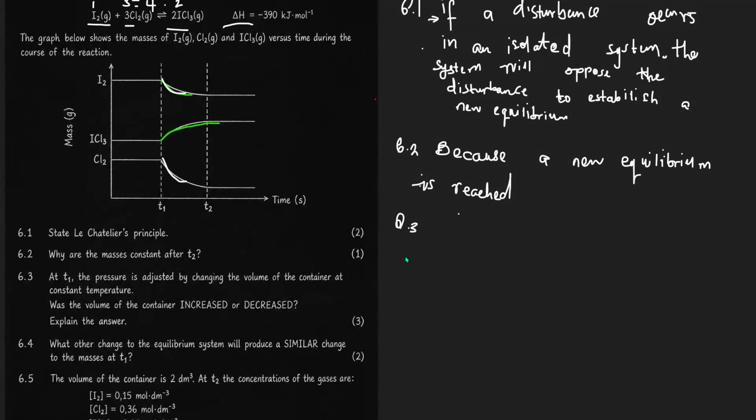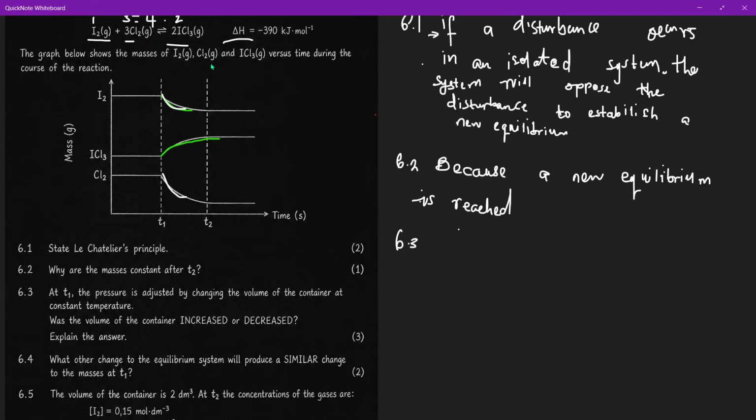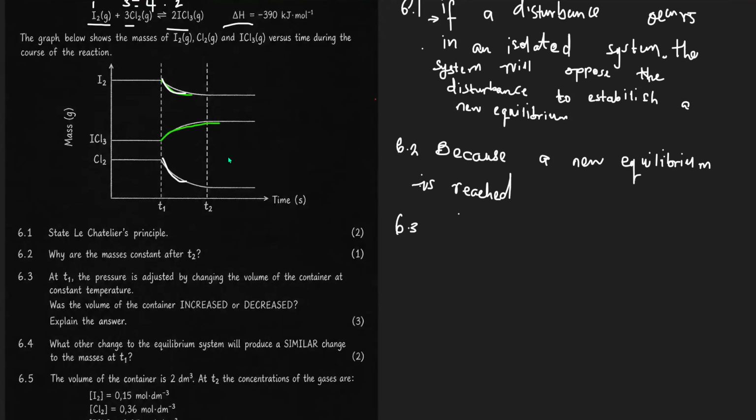6.3, we need to deal with it accurately. So here we know if we're changing the volume of the container, was it increased or decreased? I need to check what actually happened. I looked at the side that was favored.